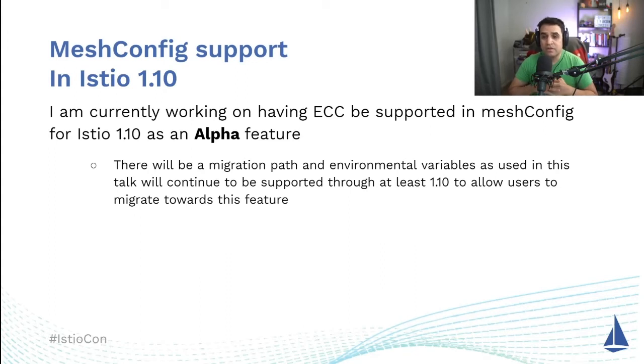So this will also allow us to have a migration path where, for at least Istio 1.10 and probably 1.11, this environmental variable will be supported, and then after which we will announce probably the deprecation of this environmental variable. So hopefully this will give you enough time to adopt the preferred method, which is using the Istio API instead of environmental variables.